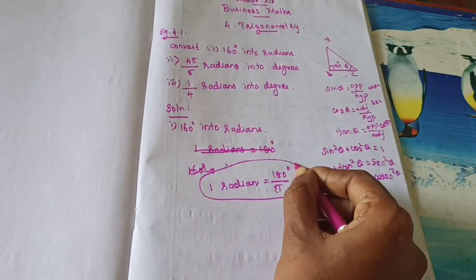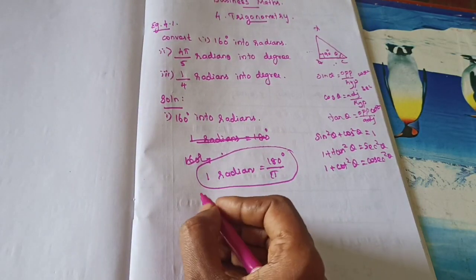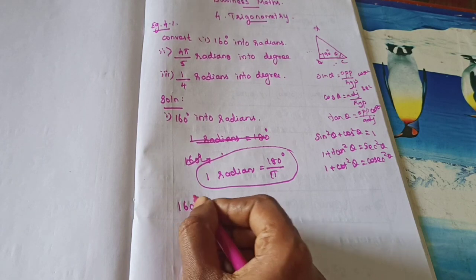This is the formula. 1 radian is equal to 180 degrees divided by pi. So now we can use this.